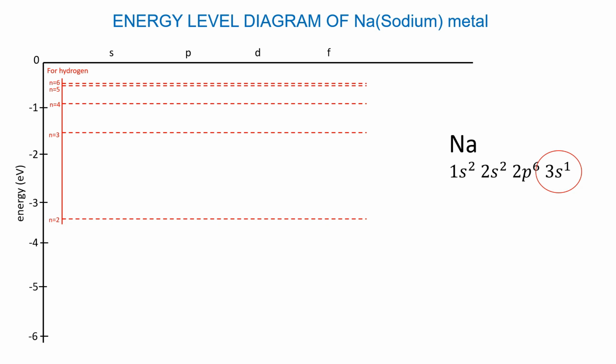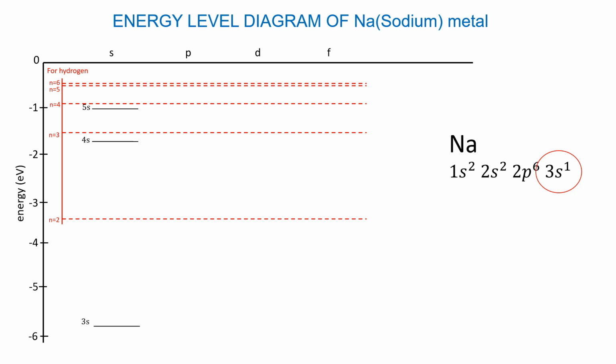We need to remember that the 3s orbital lies above -6, therefore we will draw 3s here. 4s lies below n equals 3, 5s below n equals 4, 6s below n equals 5, and 7s below n equals 6, but we don't need it, so we will not be drawing 7s.